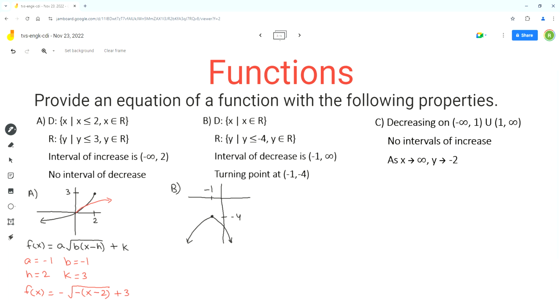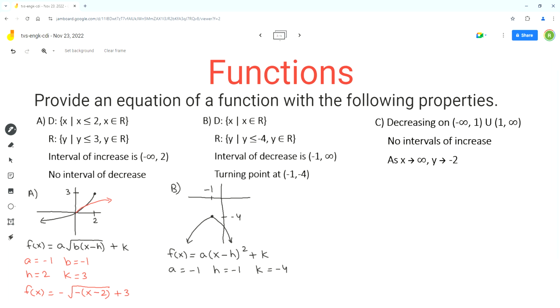Now we can write the equation for the function. For this quadratic function, we can use the equation in vertex form. This parabola opens in the downward direction, so a can be equal to -1. There is a horizontal translation, 1 unit to the left, so h is equal to -1. And there is a vertical translation, 4 units down, so k is equal to -4.